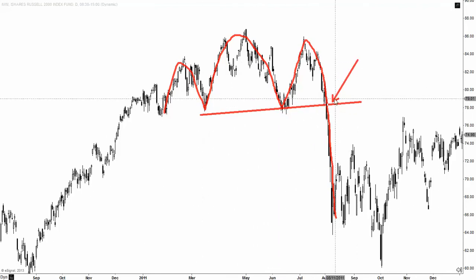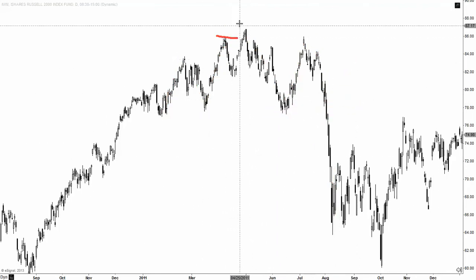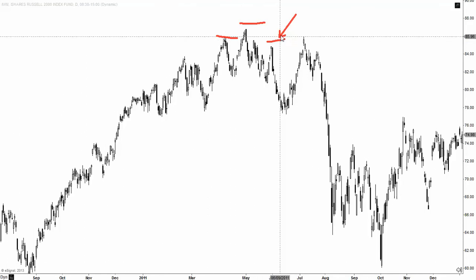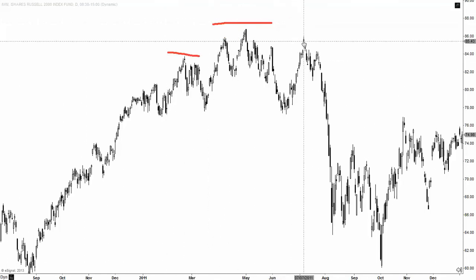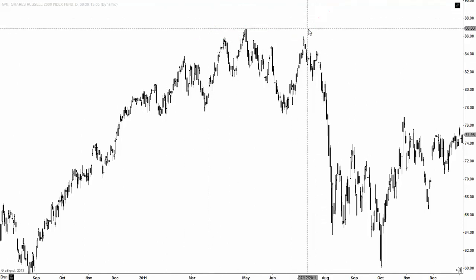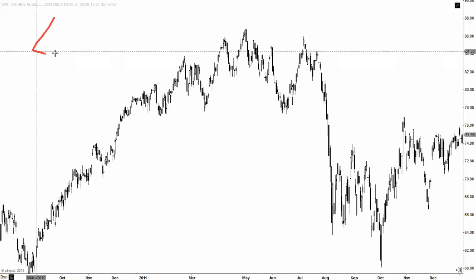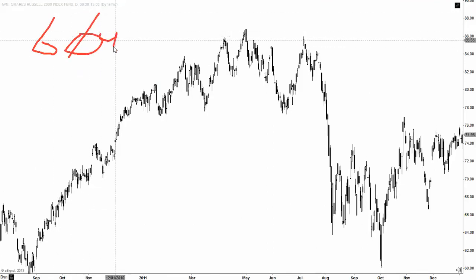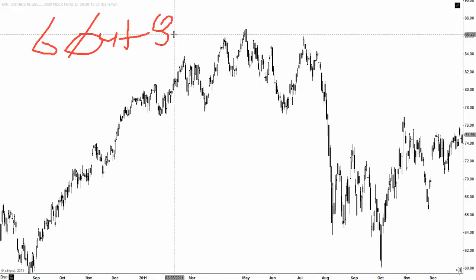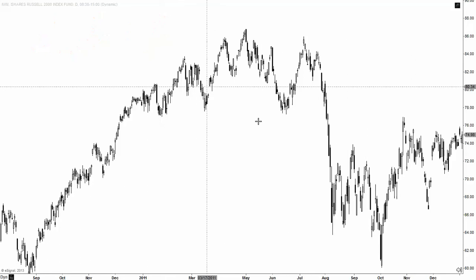There's a neckline there. Remember? Failed to make higher high. But I'm only going to count it as 1. So far we have 6 out of 8. Okay? 8 occurrences, 6 times played out.